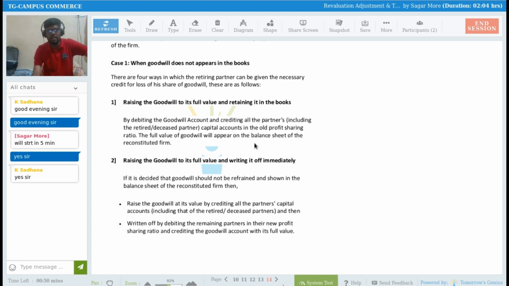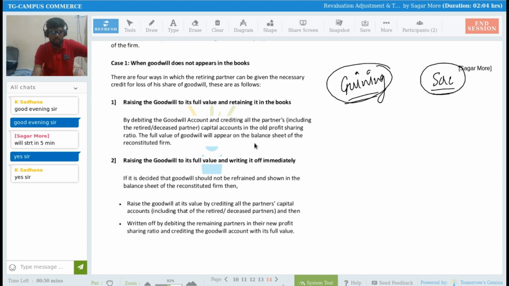Whenever there is a goodwill adjustment, you have to check who is the gaining partner, whether it's in case of admission of a partner or retirement of a partner, and who is the sacrificing partner.